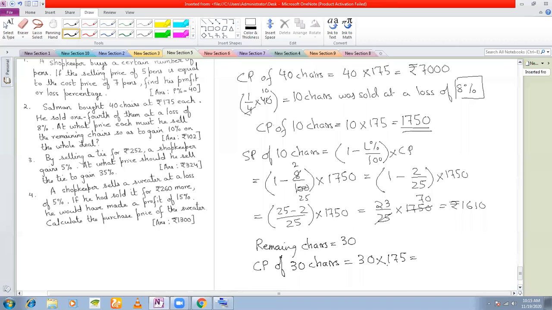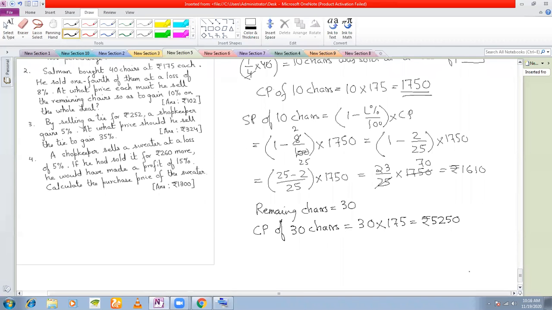So this is 175 into 30, rupees 5,250. This is the cost price of 30 chairs. The question here is how much should he sell the remaining chairs to gain 10% on the whole transaction?